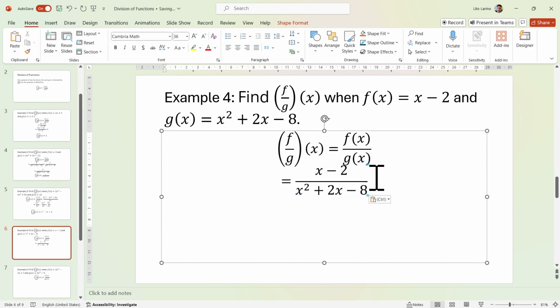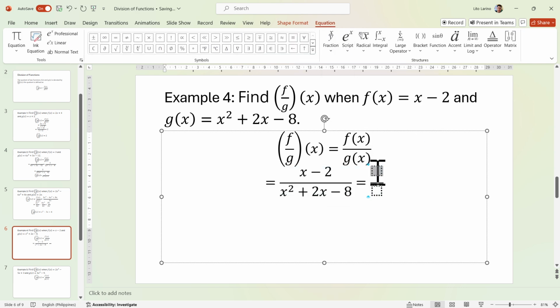Let's look for the common factor. Let's see if we can cancel out x minus 2, the numerator, if it's a factor of our denominator x squared plus 2x minus 8. Now, how do we factor a quadratic expression? So we look for the factors. We have x, then another one is also x, and then pair it with the factors of our constant, wherein when added, it will give us positive 2.